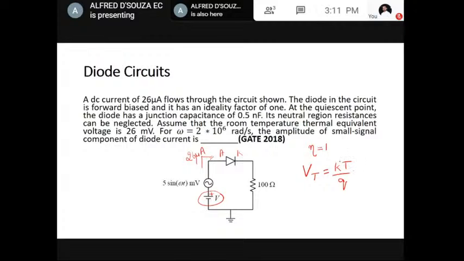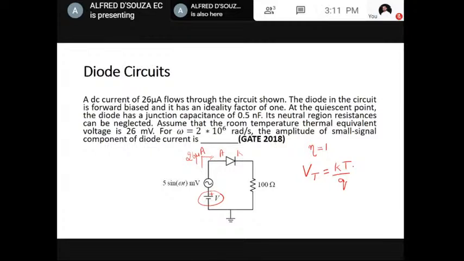If I substitute the Boltzmann constant and the value of q, we get 26 millivolt, this you should remember. For omega equal to 2 into 10 power 6 radians per second, the amplitude of the small signal component of the diode current is dash.